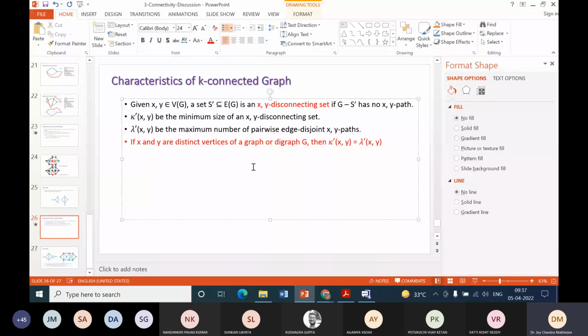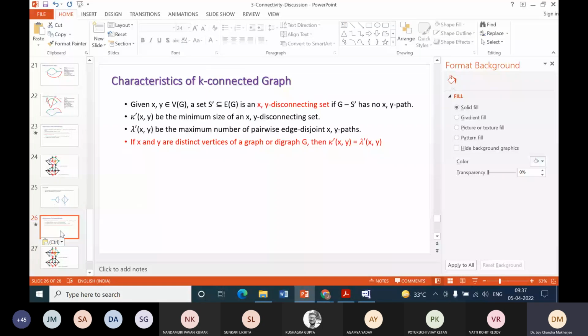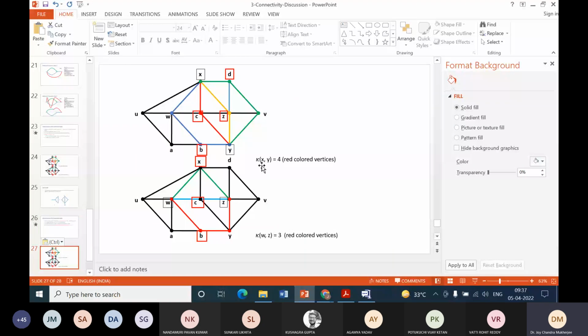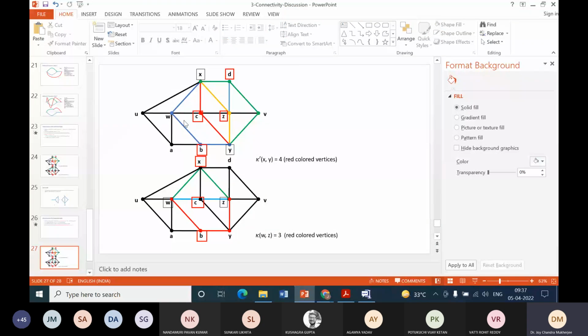Let's see, I will copy the previous graph and see what happens. So chi prime equals lambda prime. What will be our chi prime xy here? Chi prime xy means the minimum number of edges that will disconnect the graph, and lambda prime xy is the number of edge disjoint paths.